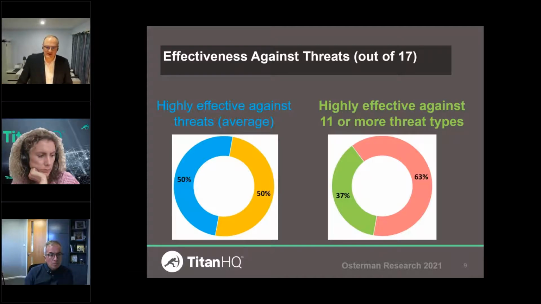We found that 37% of respondents were highly effective against 11 or more threat types. So given the plethora and the spread of attack quadrants in phishing and ransomware, the ability to have high effectiveness across as many of those as possible is an important outcome for organizations to reach for.